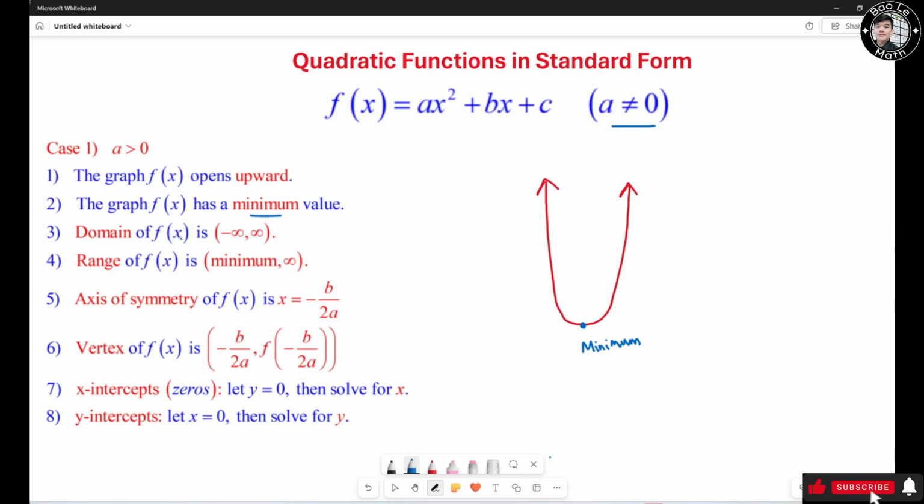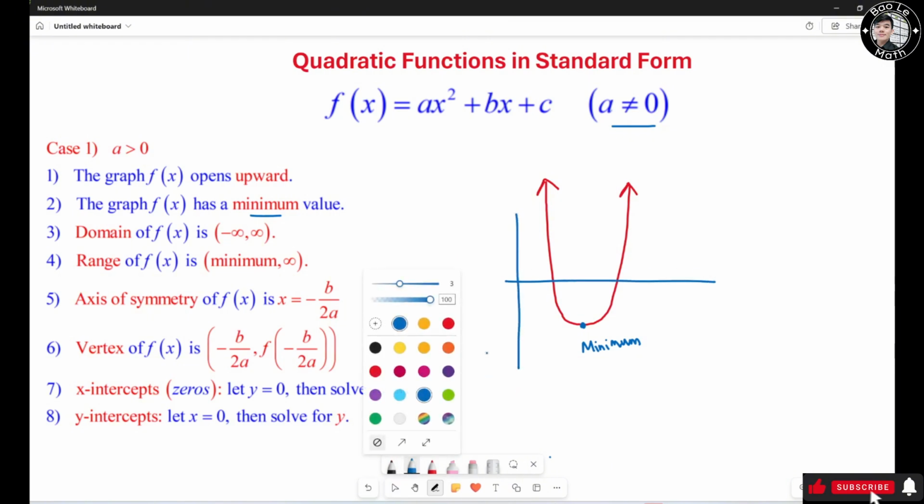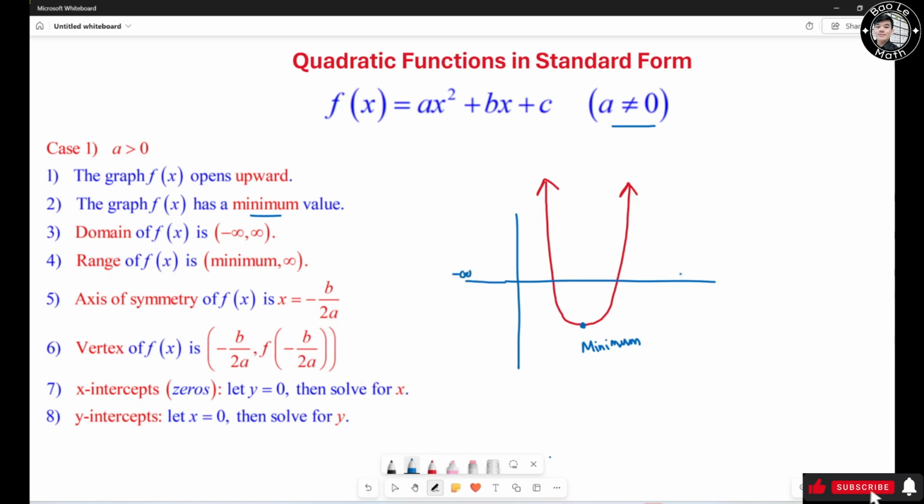The domain of the function f of x is negative infinity to positive infinity, right? So for example, if I have the graph like this, on the left hand side right here, it's going to be negative infinity. The right hand side, positive infinity. Now the graph keeps going up further to the left.